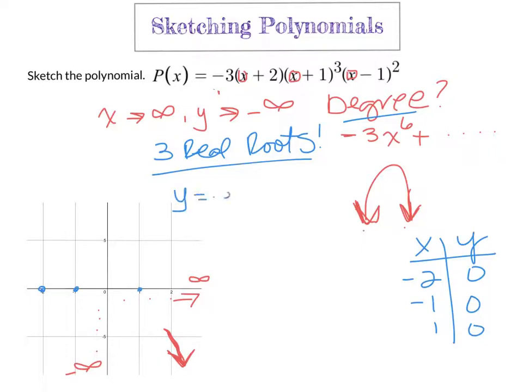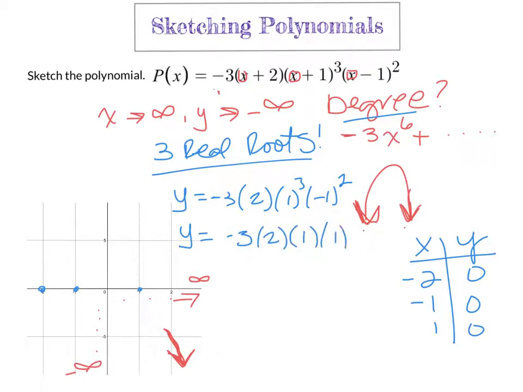It equals negative 3 times 2 times 0 plus 1 cubed times 0 minus 1 squared. So y equals negative 3 times 2 times 1 times 1. That means y equals negative 6. So when x is 0, y is negative 6. And we can put that beautiful point right here.